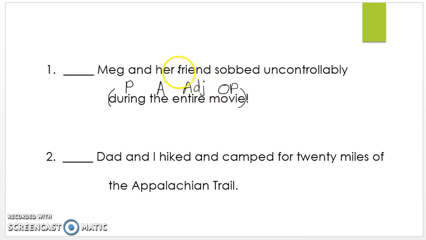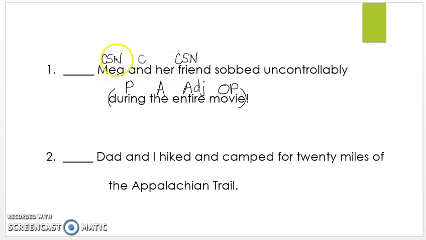Nope. All right, let's read the sentence without it. Meg and her friend sobbed uncontrollably. Who sobbed uncontrollably? Meg and her friend. So look, we have two subject nouns. These are compound parts, and they are joined by the conjunction and, which is labeled with a C. Now, when we want to mark compound parts, we just put a C in front of the subject noun label.